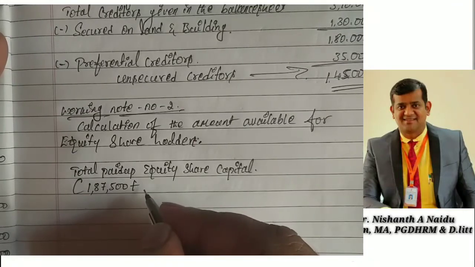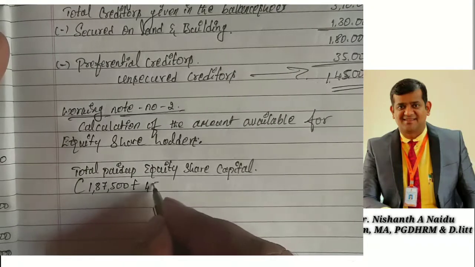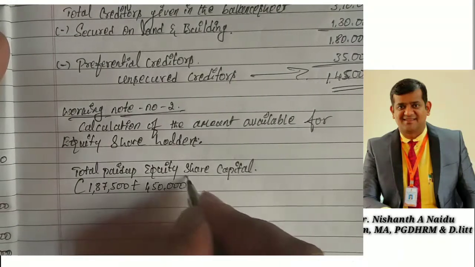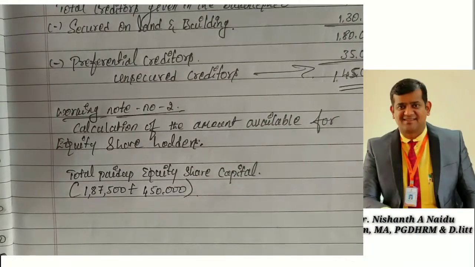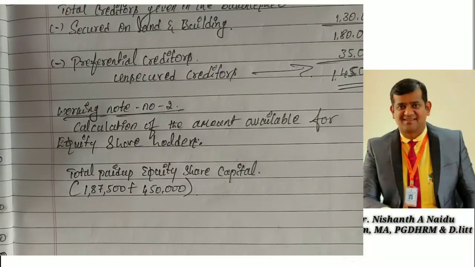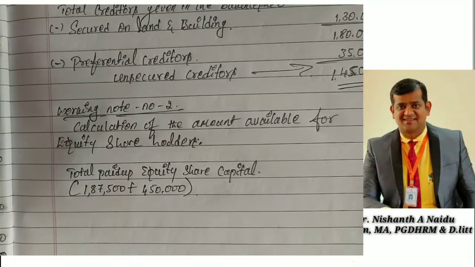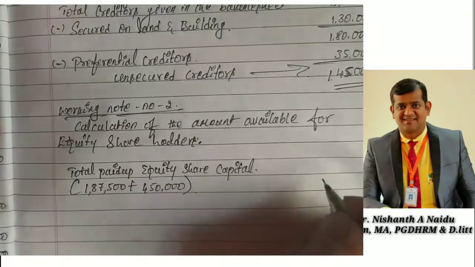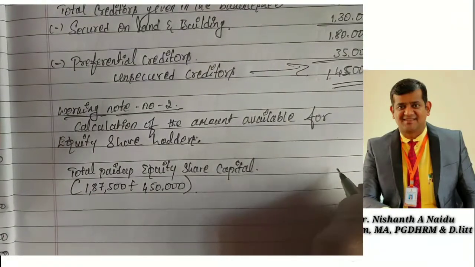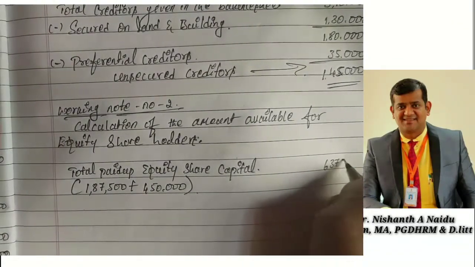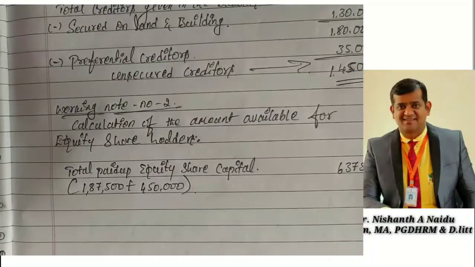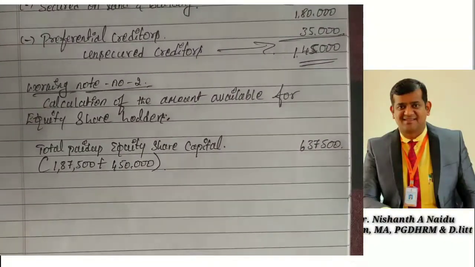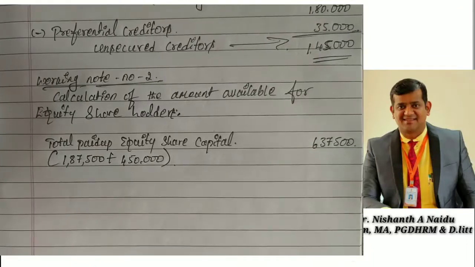Then 7,500 equity shares of rupees 100 each, 60 paid. So that is 4,50,000 rupees. Total paid up capital is 1,87,500 plus 4,50,000, which is 6,37,500. So understood how we got 6,37,500? Yes, that is correct.